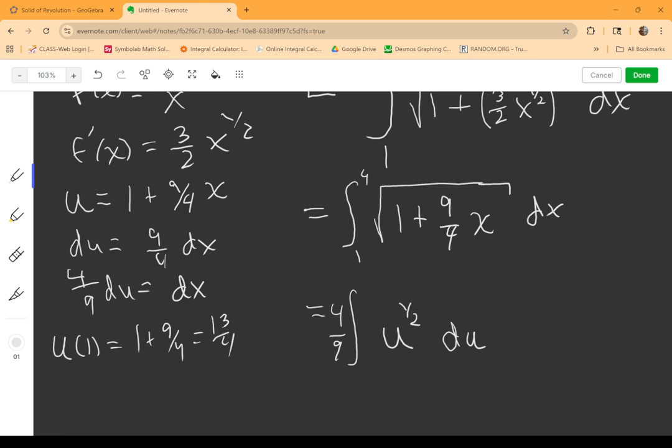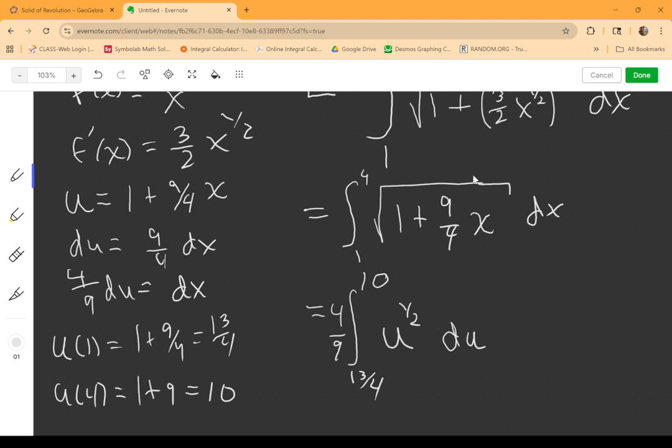That's going to be my lower bound. For my upper bound, I plug in 4, and I get 1 plus 9, which is 10. So now I have my limits of integration in terms of u.